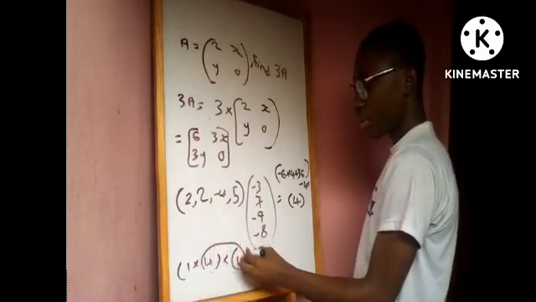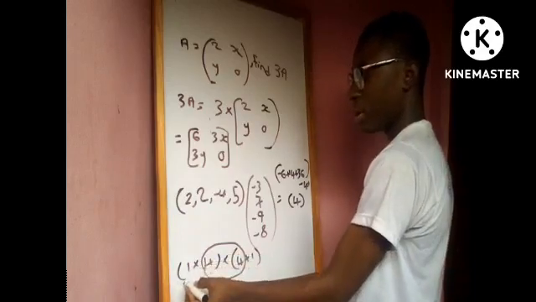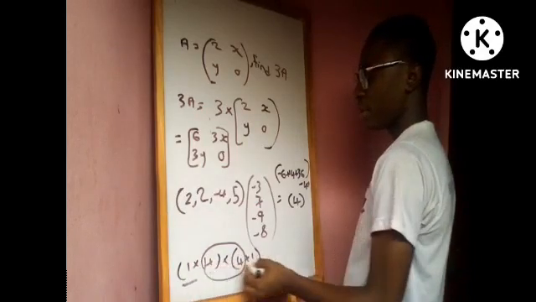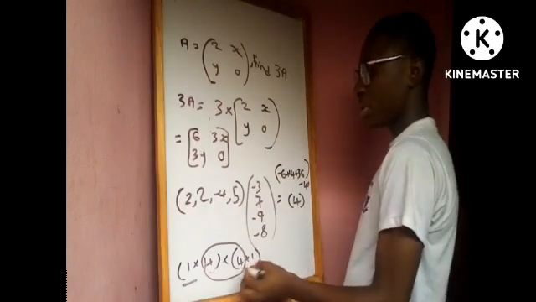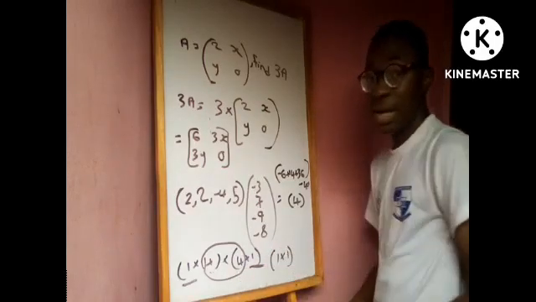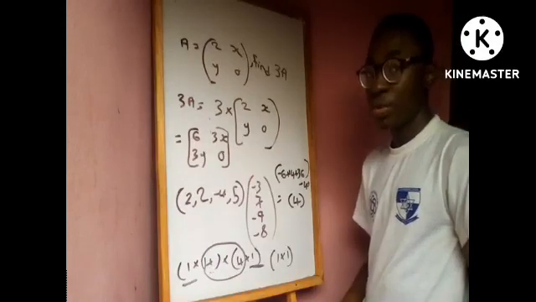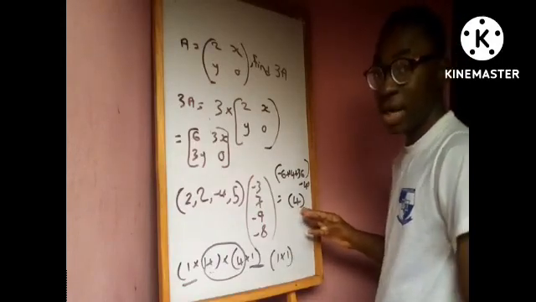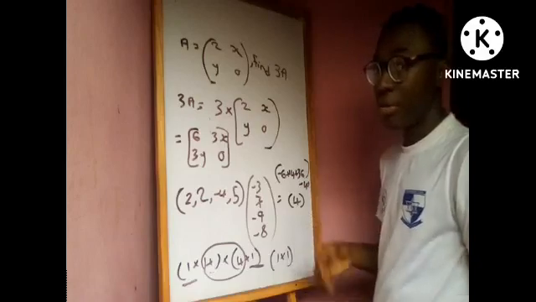When you circle them out, what is left is the number of rows in the first and the number of columns in the second. So just write that out: 1 by 1. That means your answer will be a 1 by 1 matrix. You can see that this matrix here is a 1 by 1 matrix, and we are correct with that procedure.